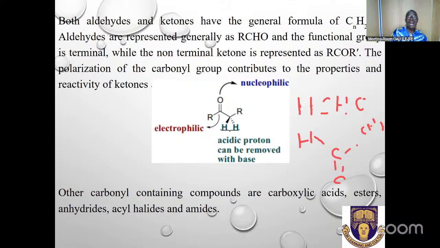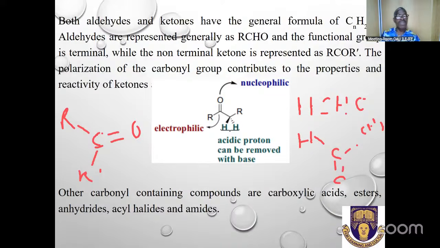As RCHO, the functional group is terminal, while the non-terminal one will be a ketone, which is RCOR prime. R prime joined to C double bond O. And this is a ketone.